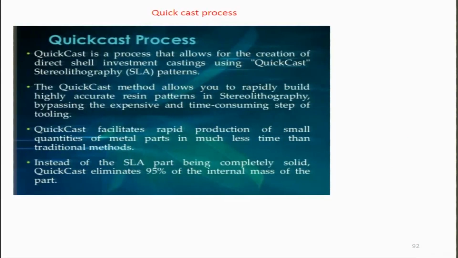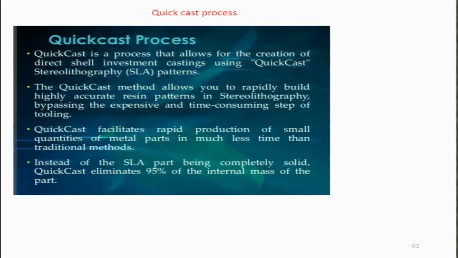The other is the quick cast process. One of the variants of this AIM or SLA based process is this quick cast process. It's a process that allows creation of direct shell investment casting using quick cast stereolithography patterns. Here the idea is that the SLA part being completely solid, with this quick cast approach you can eliminate 95% of the internal mass of the part.